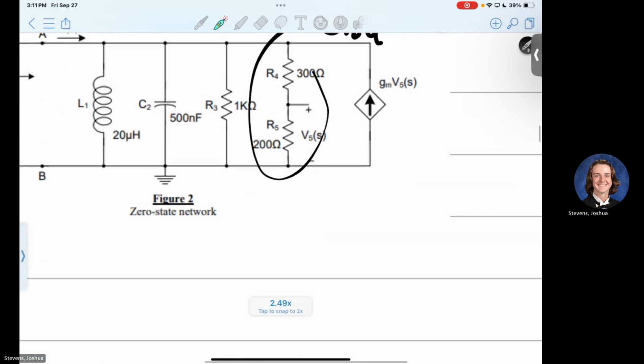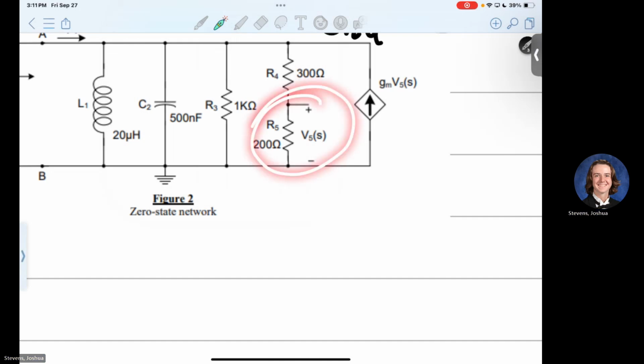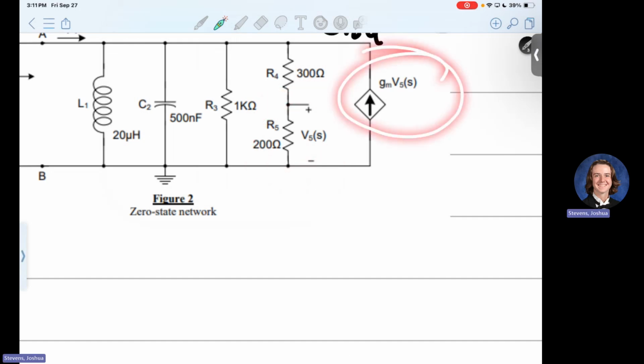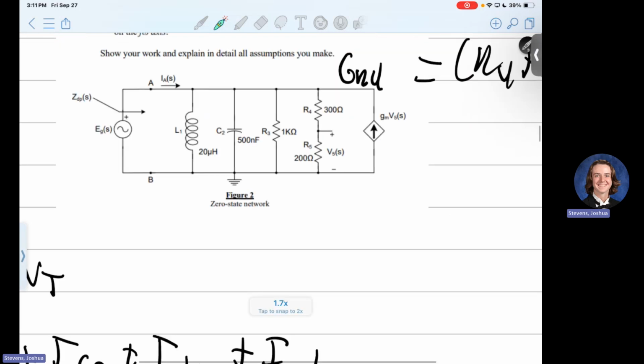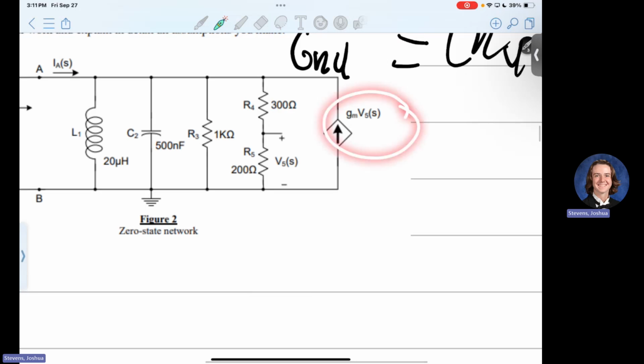This is to denote V5, and V5 is important because it's part of the dependent source. Yeah, it's just some parameters. Now, GM times V5, what is this source? A current source. Okay, cool.